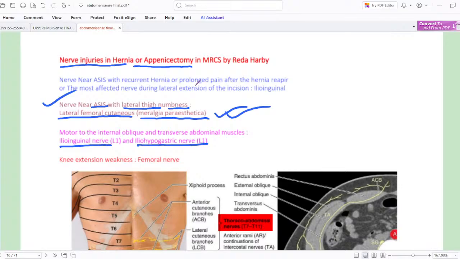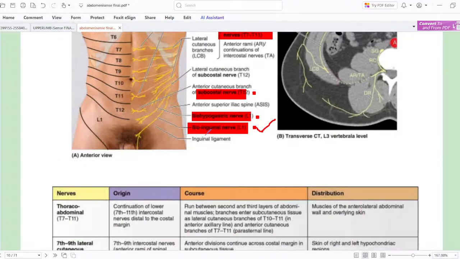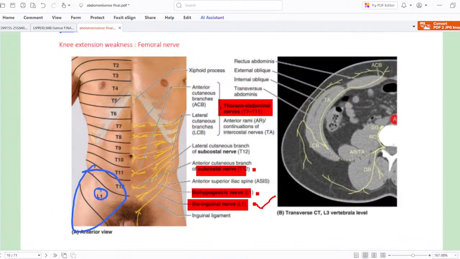Why is it coming under the hernia? Injuries. Ilioinguinal.